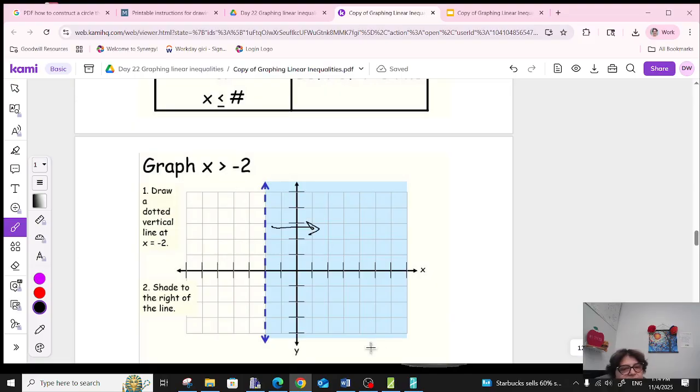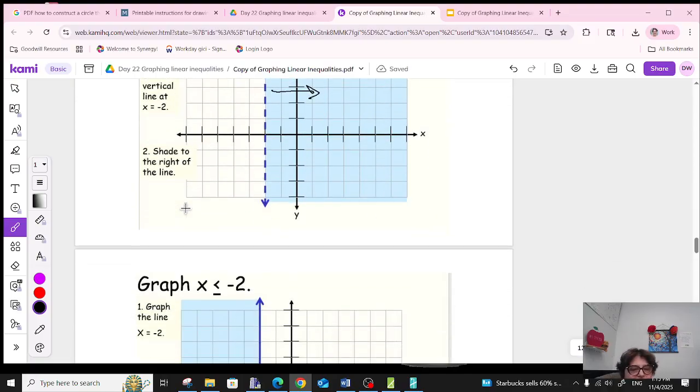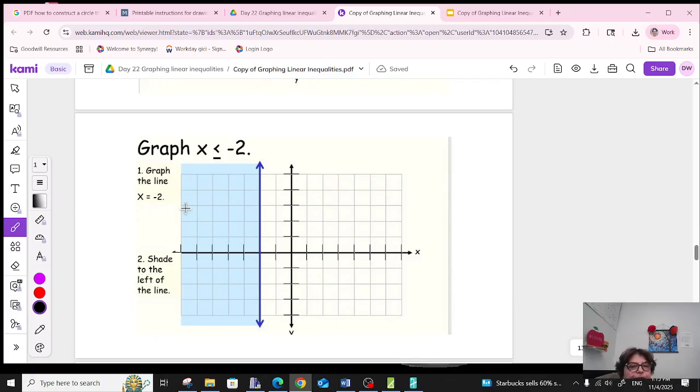Shaded this way. If I flipped it around and put an equal to here, this means solid. And because it's facing this direction, I'm shading this side. Because there's not an up or down when it's a vertical line, right?